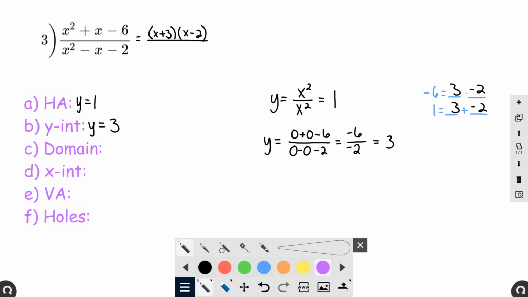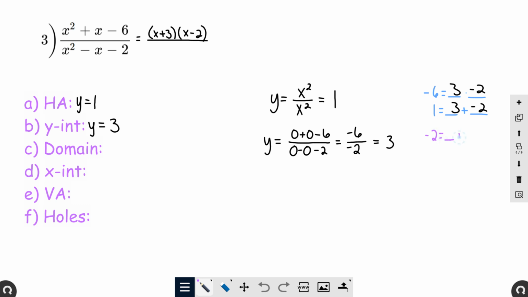The denominator's the same, right? Short trinomial, do your scrap work. What multiplies to be negative 2 and adds to be negative 1. So x minus 2 and x plus 1.